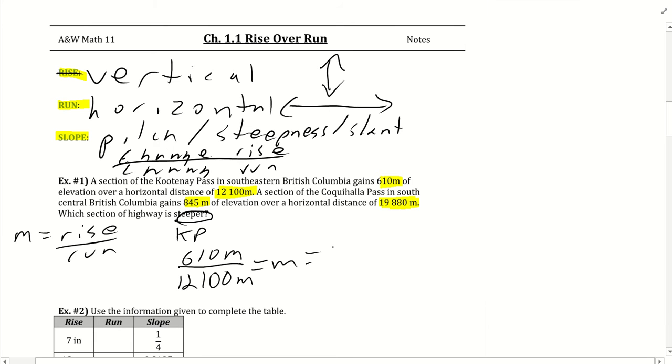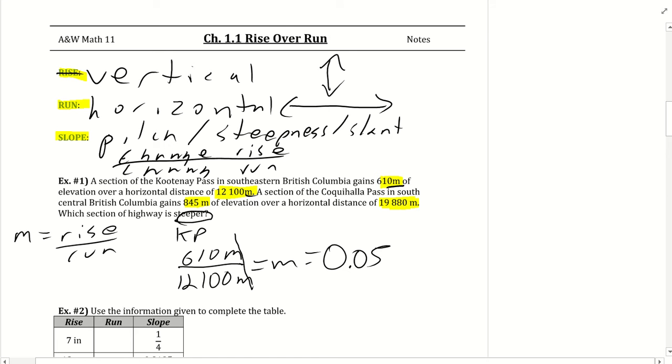So 0.05. Now, a really important part to know with slope is that there are no units with it. So meters divided by meters would actually equal 1. Another key thing to keep in mind is to always make sure you have the same units when you're dividing.